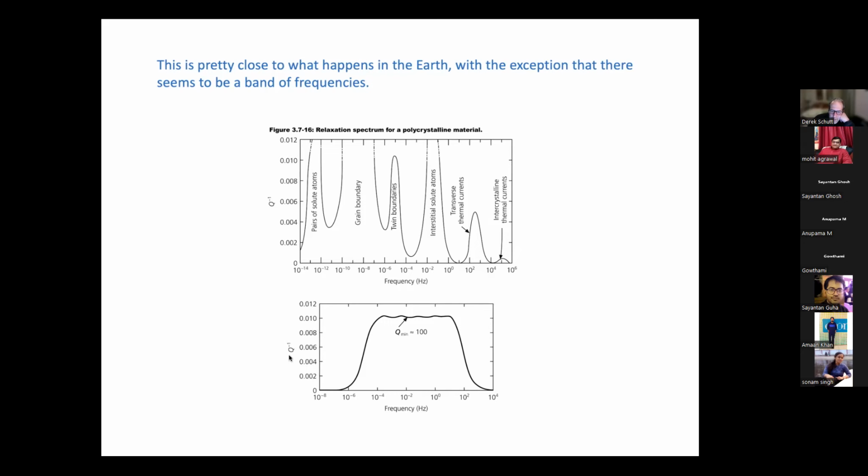So this is 1 over Q. So as I go up, I'm going up in attenuation. So we see this attenuation band dominantly at the frequency of seismic waves. We don't fully understand the physics behind this, but we know it occurs.